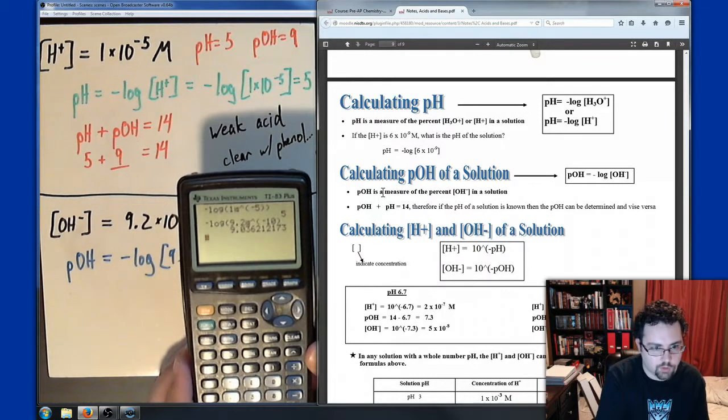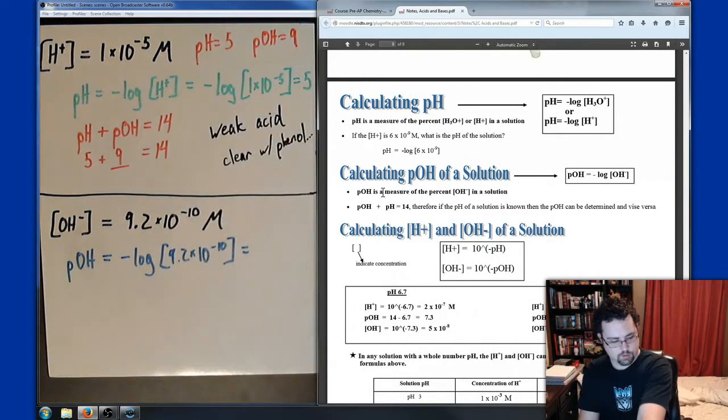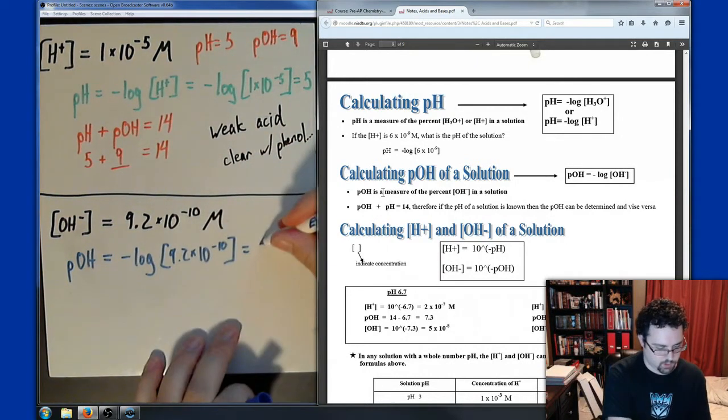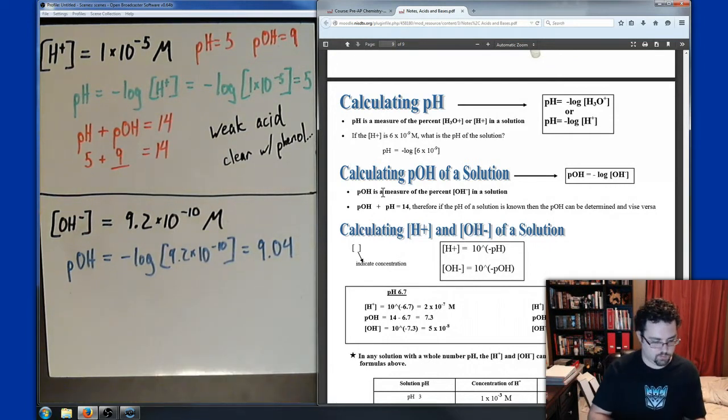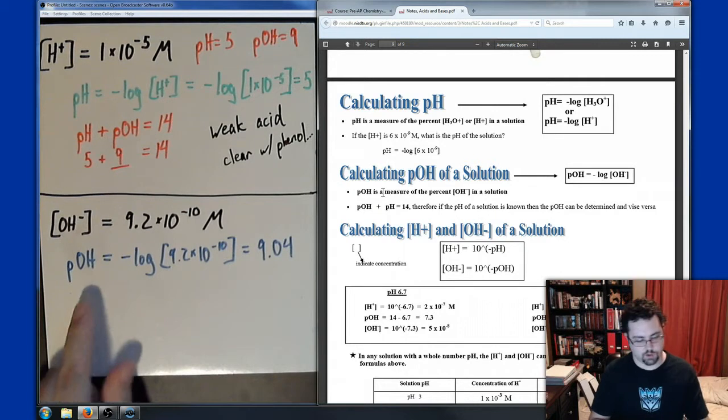Enter. So the pOH of this guy is 9.036. I'm going to say 9.04 is that pOH.